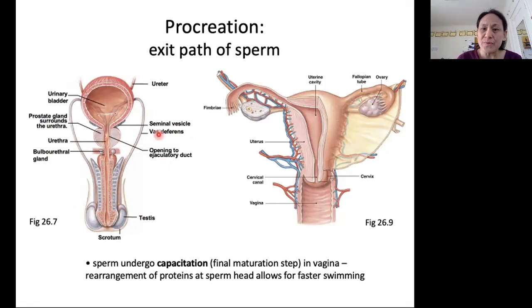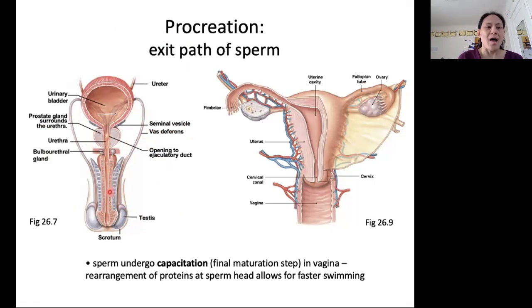I want to remind you that along the way, we have our three accessory glands, the prostate gland, the bulbourethral glands, and the seminal vesicles, adding secretions to our sperm to make semen.